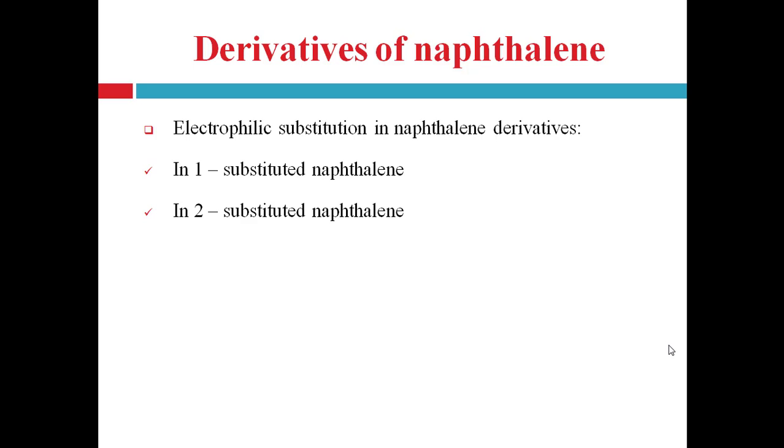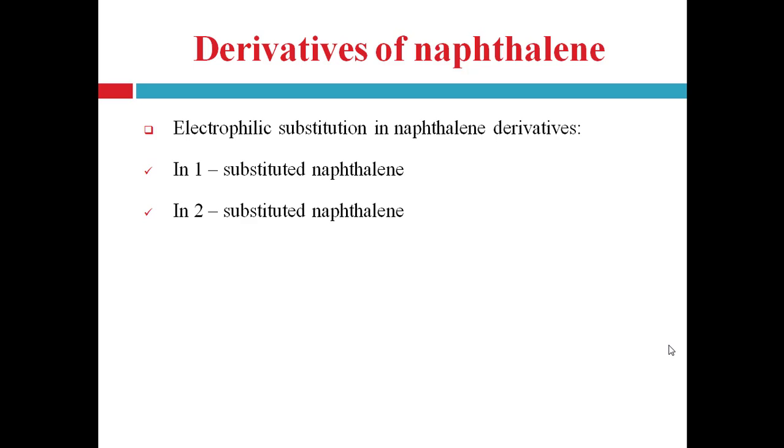So in one substituted naphthalene ring, if substituent is an electron releasing group, then electrophilic substitution is homonuclear. That means the substitution occurs on the same ring which is carrying the substituent, right? And occurs at carbon number 2nd or 4th position, right?